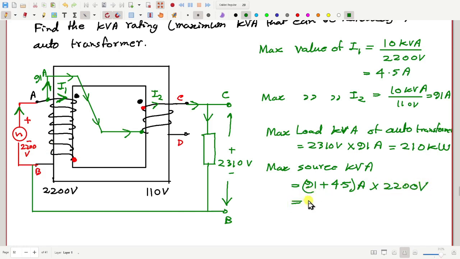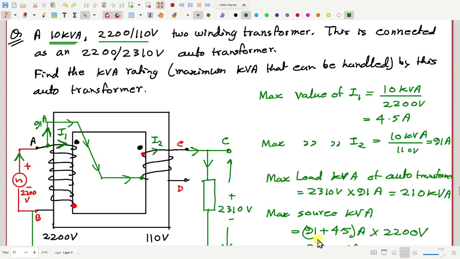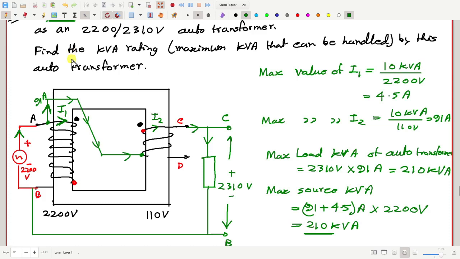So that will again be 210, sorry, this is not watt, kVA. Again you see that a much larger amount of kVA can be transformed from source to the load, which is 210 kVA, whereas the original transformer could handle only 10 kVA. So that is one advantage we are getting here.